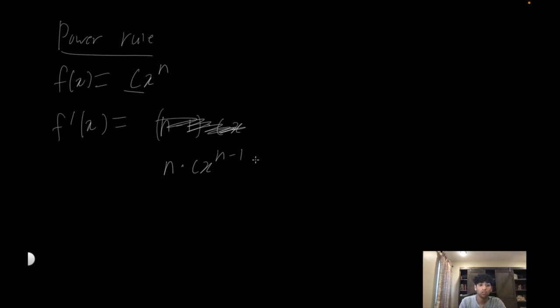So all we're doing is essentially dragging the power out front, multiplying the previous power by the coefficient, then subtracting 1 from the power. And that's simply what the power rule is.